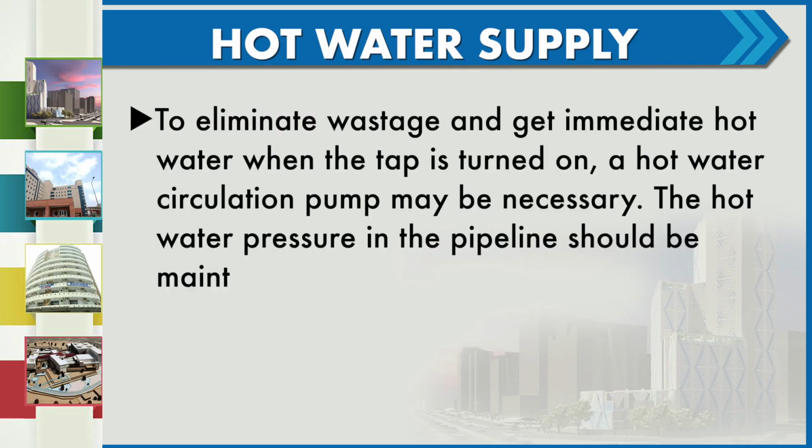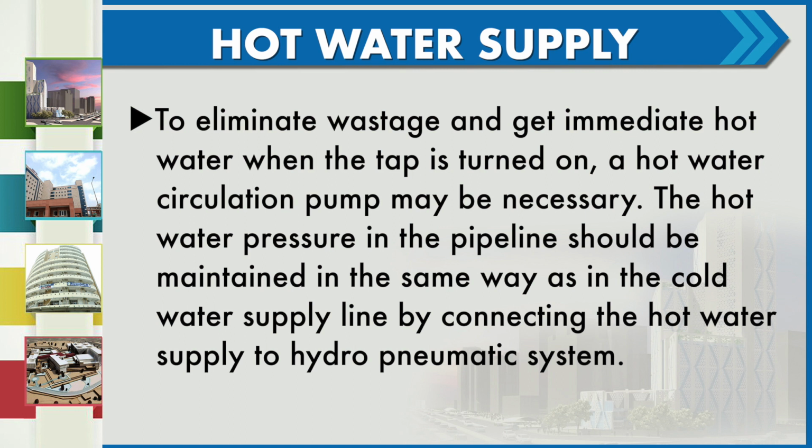In order to eliminate any wastages and get immediate hot water supply, a hot water circulation pump is necessary. The hot water pressure in the pipeline should be maintained in the same way as in the cold water supply by connecting the hot water supply to the hydropneumatic systems.